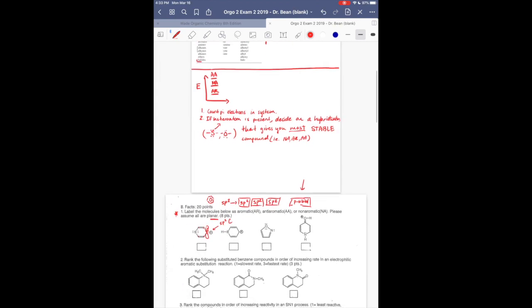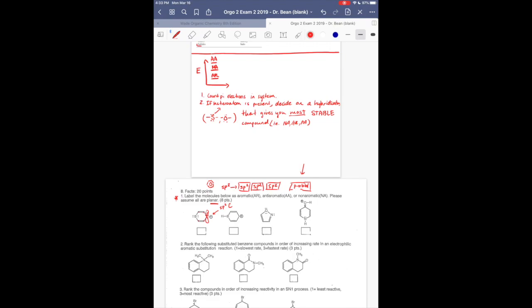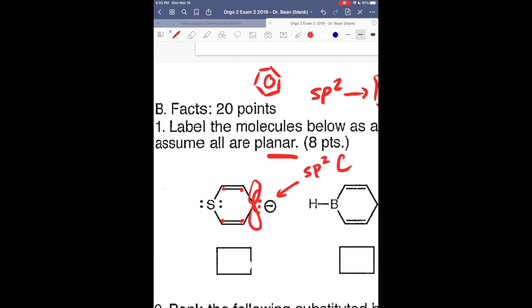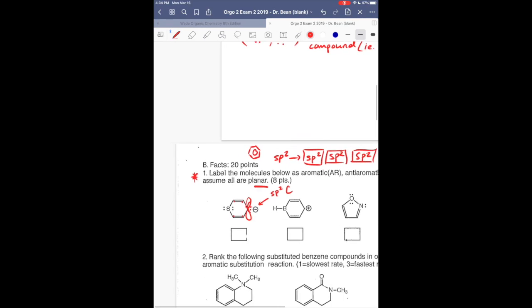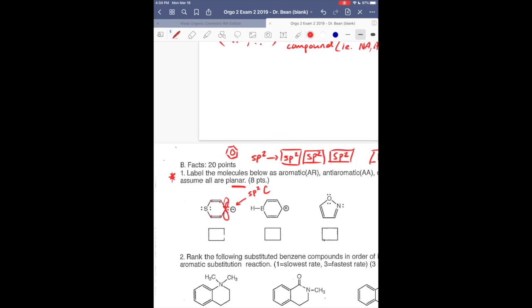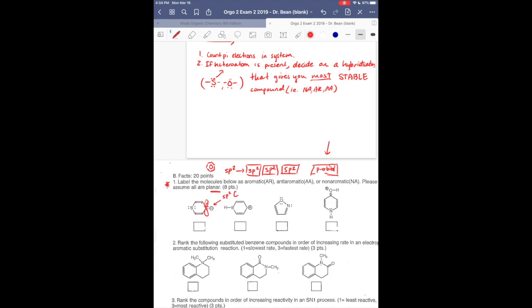If there is a heteroatom present, such as sulfur or oxygen, then you need to look at that atom and let it pick the hybridization which will give you the molecule of the lowest energy, or the most stable compound. And of course, your options, like it says in the question, are going to be aromatic, anti-aromatic, or non-aromatic.